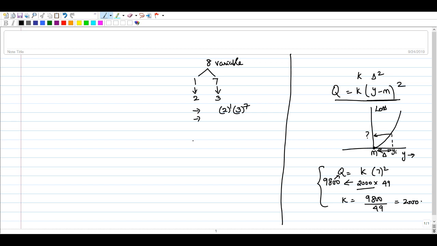I don't have a calculator, so let me quickly do it. Three raised to 7 times 2 is 4374. So if you were to do a full factorial experiment, you need to have these many experiments.